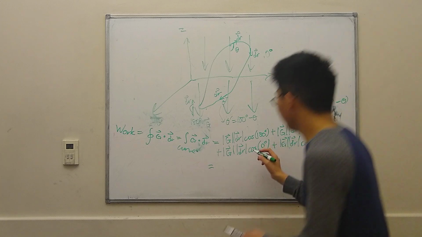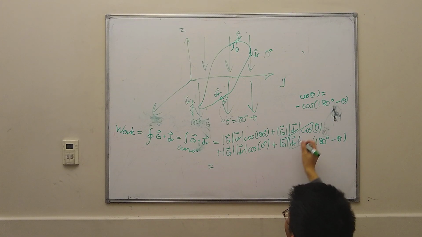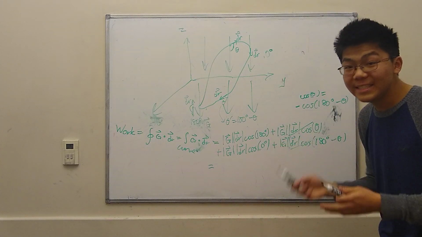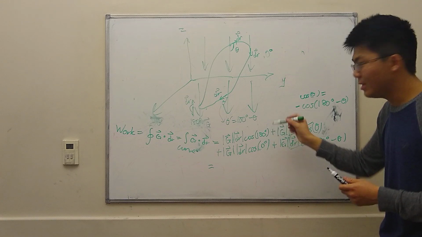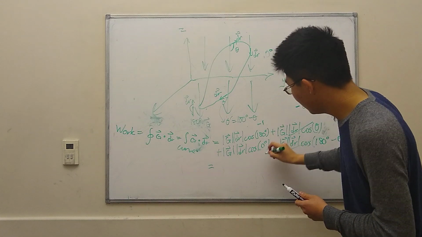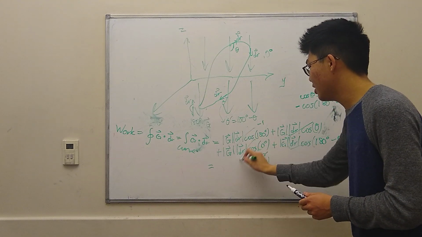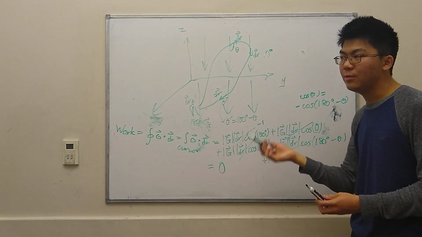So these two are going to cancel out. And in this case, we already saw earlier that the cosine of 180 degrees is -1, whereas this is +1. So these two will cancel out too. So the work done is still 0 here.